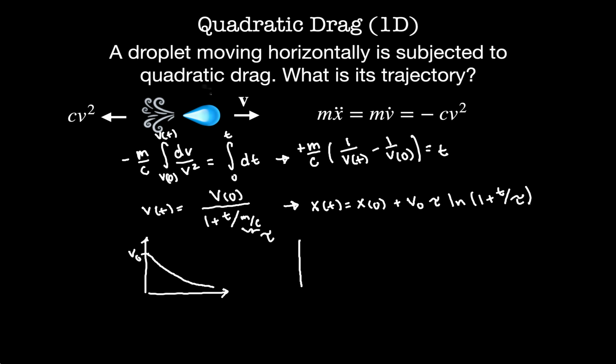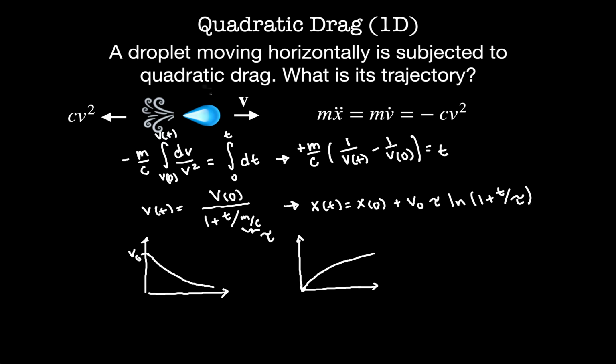The position, on the other hand, so imagine I'm starting at position equal to 0. I have basically some constant piece, whatever my starting position is, so 0. And then I have logarithmic growth. So I will, over very, very long times, eventually reach infinitely far away, but it will happen logarithmically slowly.